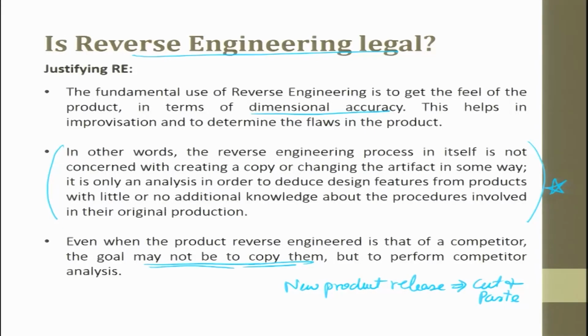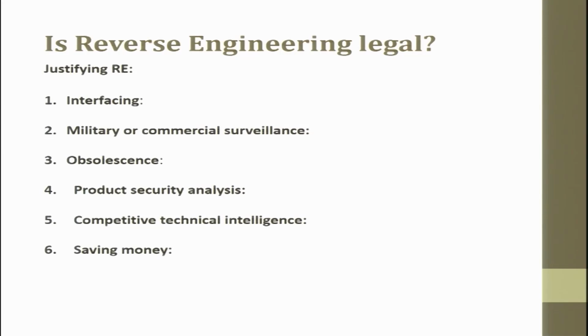So here, it's also reverse engineering. Okay. So interfacing is a place where they do reverse engineering, and in military or commercial surveillance they do a lot of reverse engineering.